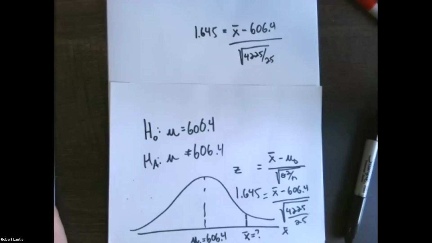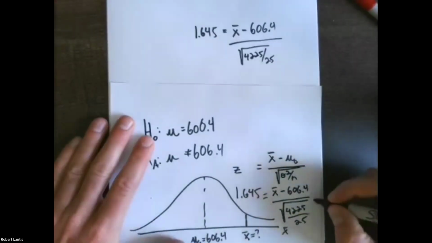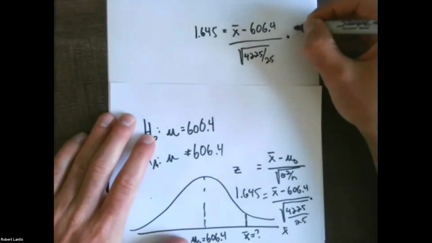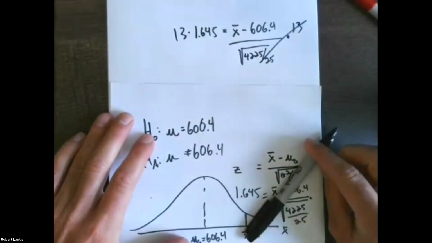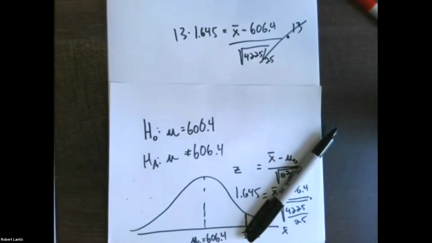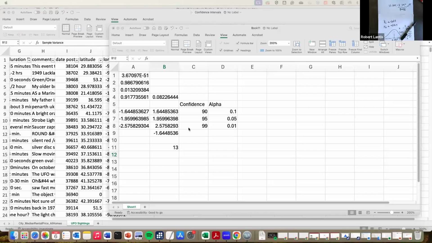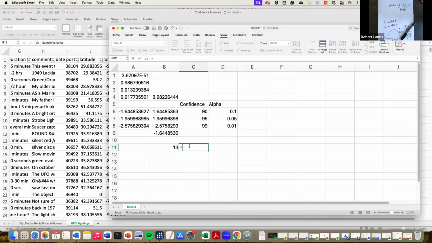So I'm going to take 13, multiply both sides by 13. That would cancel, right? If I multiply 1.645, once again, just to show you how I would do this in Excel, I think it makes it easier. 1.645 times 13.